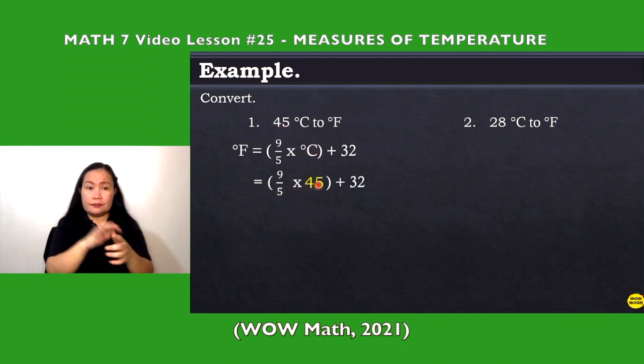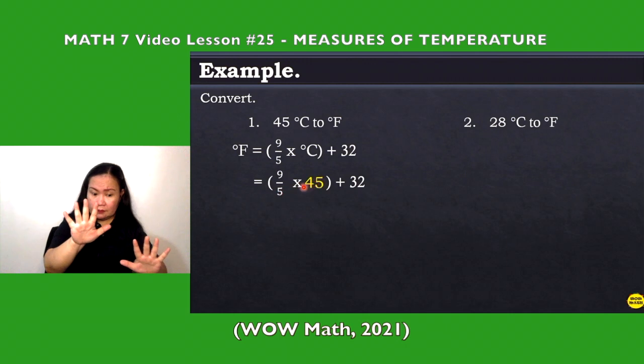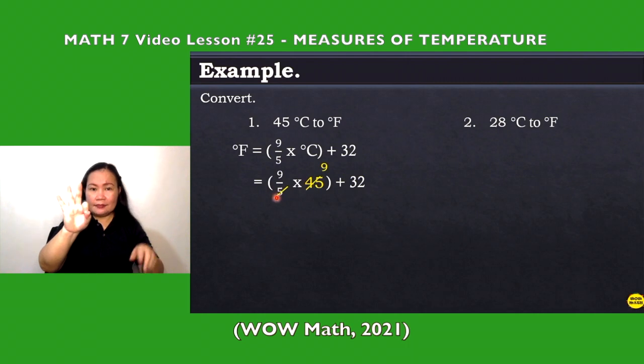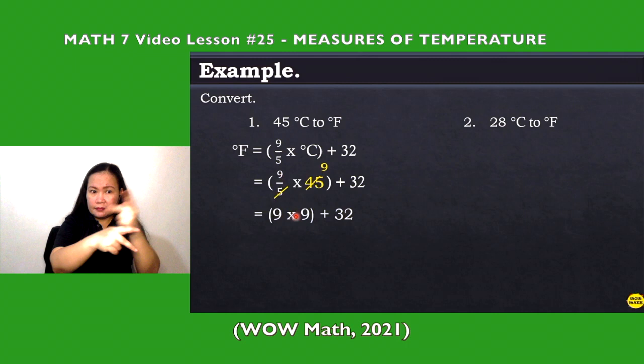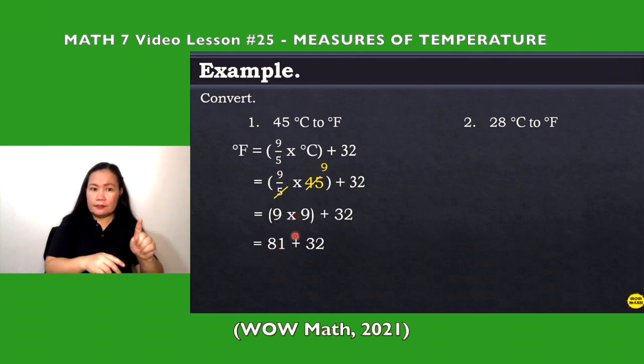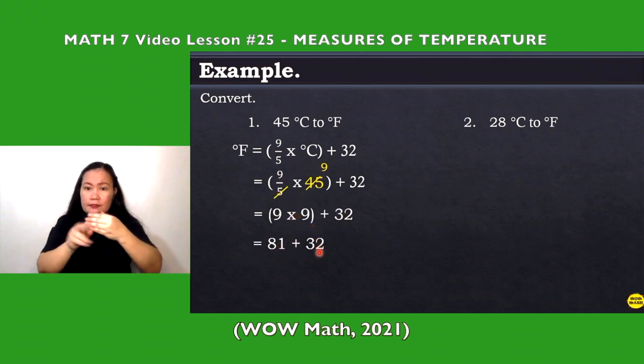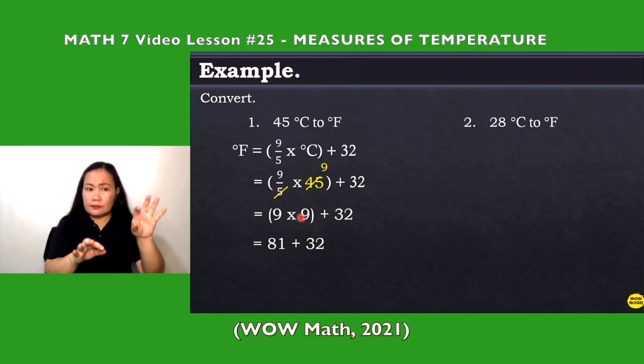So, since again, divisible siya by 5, pwede ka na munang mag-cancel dito. So, 45 divide 5, that is 9. Okay? And then, ita-times natin ito. 9 times 9, that is 81. Bago tayo mag-plus ng 32. Okay? Hindi pwedeng 9 plus 32 muna. Hindi po pwede.